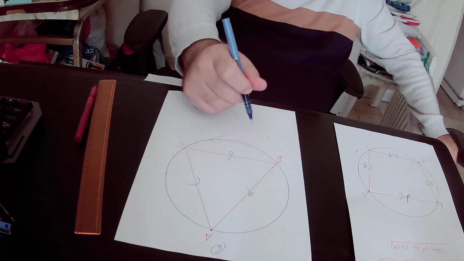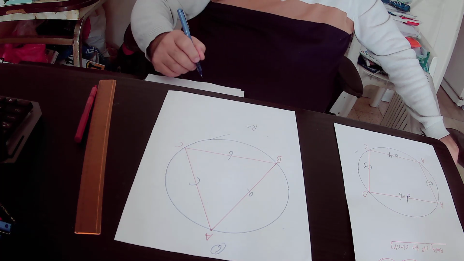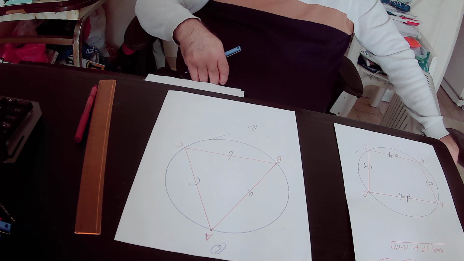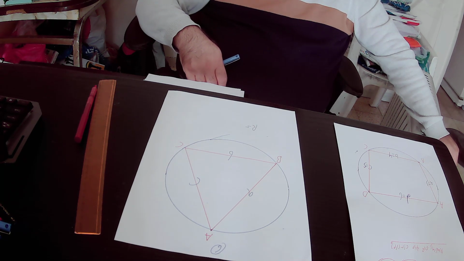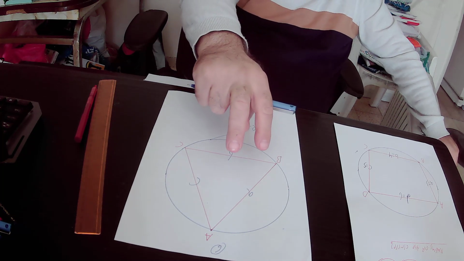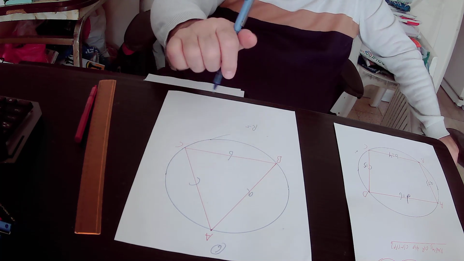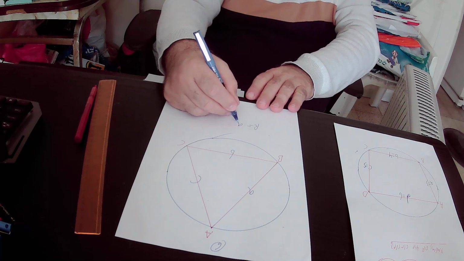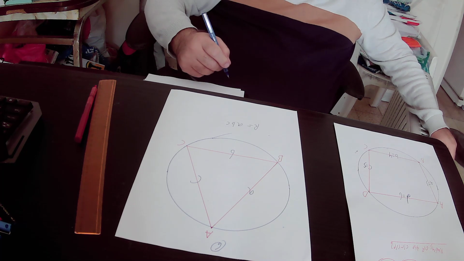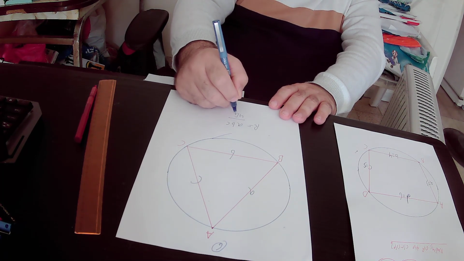The radius of this blue circle, that is to say capital R, equals the product of triangle ABC sides, which is actually A times B times C, over 4 times the area of triangle ABC.